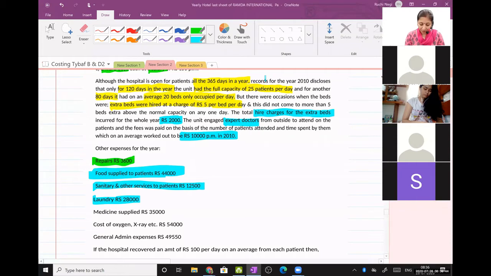Okay, medicine supplied. What about this? Medicine supplied. Yeah, it's variable. Food. Okay, it's a variable cost.